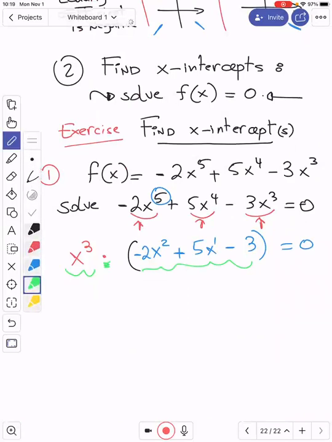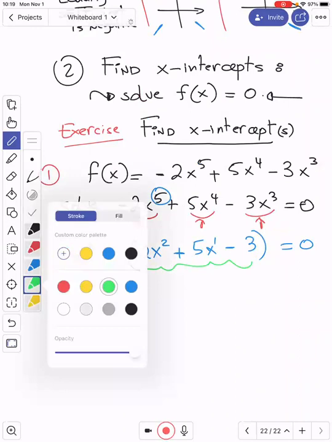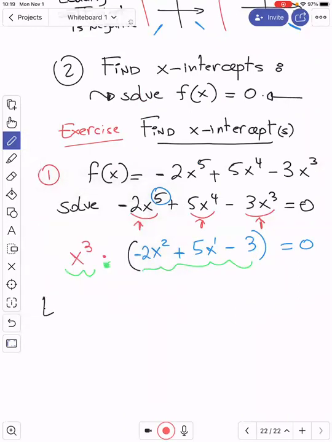So either the first factor is 0, so either the x cubed is 0. That's my first factor. And here, this is my second factor.